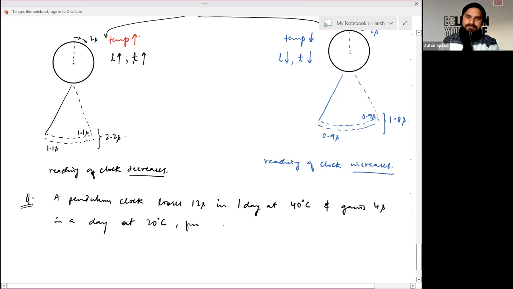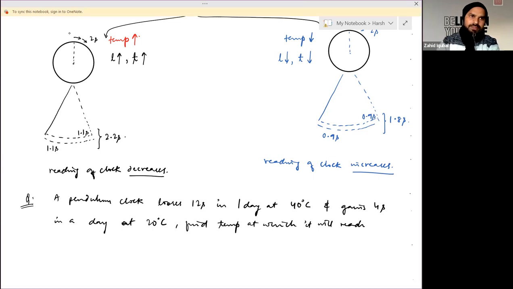Find the temperature at which it will show the correct reading.